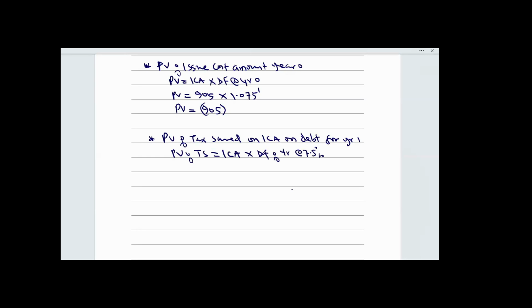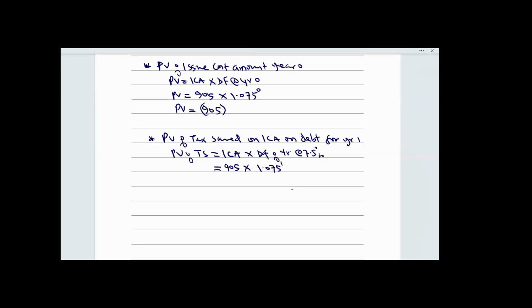So this is equal to 905 multiplied by a discount factor of 1.075, sorry, this one is raised to power 0, then this is raised to power 1 of year 1.